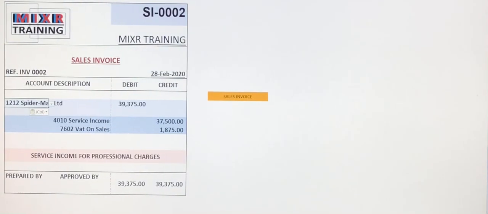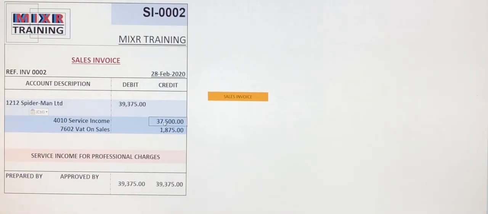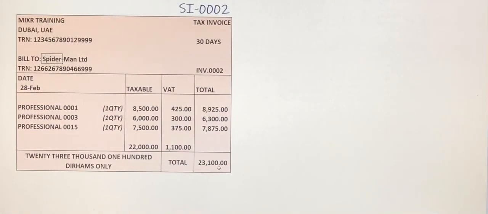Alright, and our invoice amount is taxable of 22,000. All of these are the same. So bill amount to Spider-Man Limited should be 23,100. Let's see. Yeah, fine now.